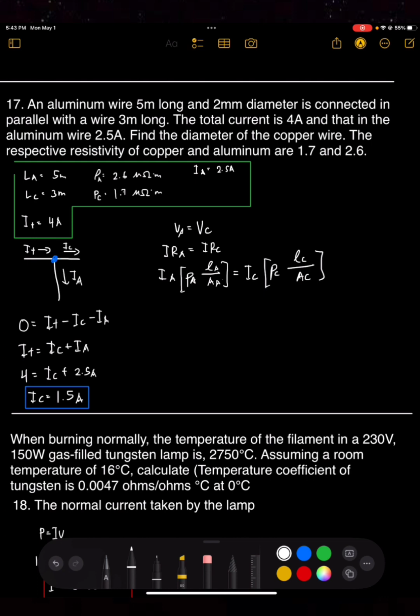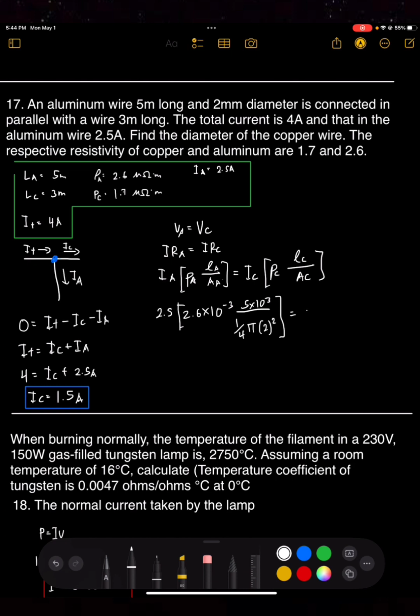Now we have the equation. We have to substitute all the values. So IA is 2.5 equals 2.6 times 10 negative 3 times 5 times 10 raised to 3 over the area, which is 1/4 pi times 2 raised to 2. Same with the other side, we substitute.